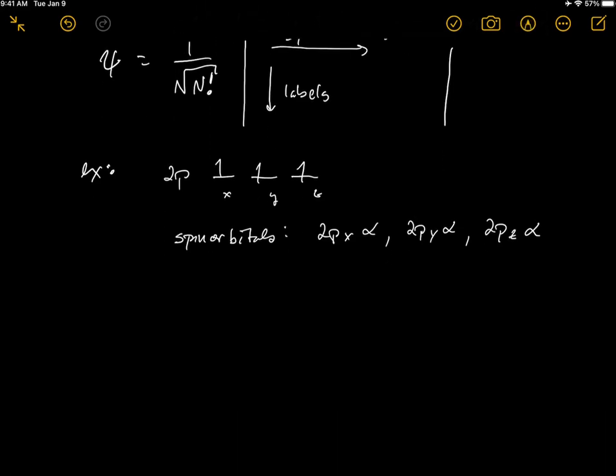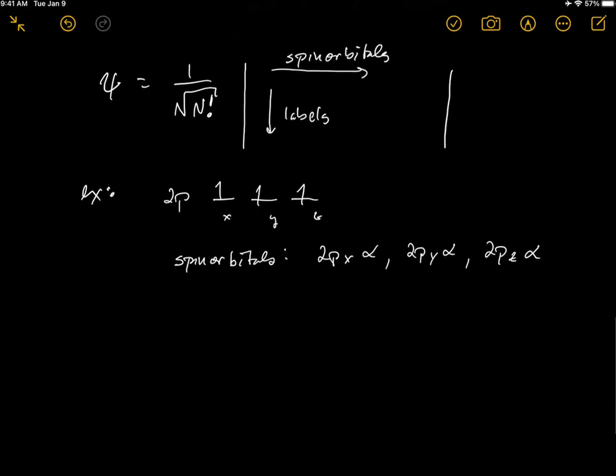Those are going to be spread out across, with a column for each of those. And then we add the labels, and each row has a different label associated with it.